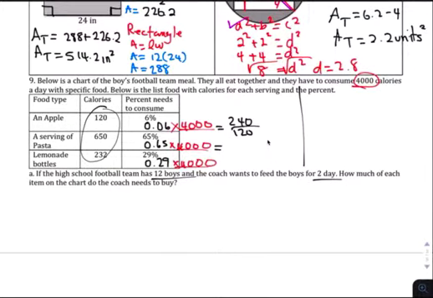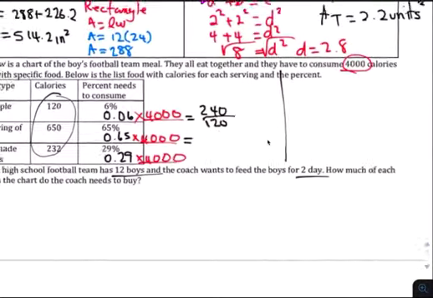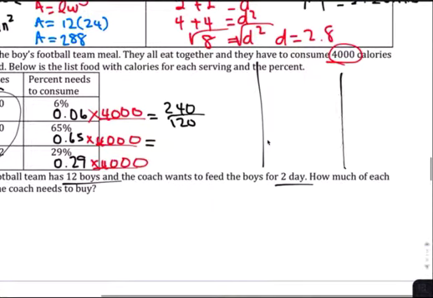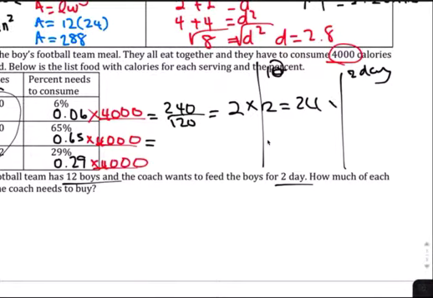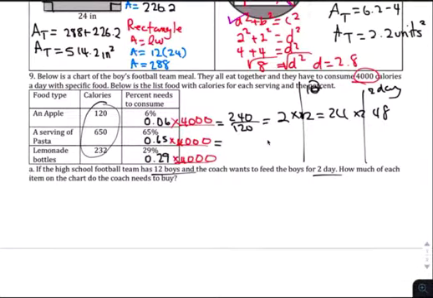The students already know how to do this, so I'm not going to do all this. I expect you to know how to do your own. So 2 days. So basically you get times 12 boys here, so you get the answers. Let's say 2, then times 12 here. It makes 24 times 2 gets 48. So do the same for all the 3 items, and then that should tell you how much of each item the coach needs to buy, okay?